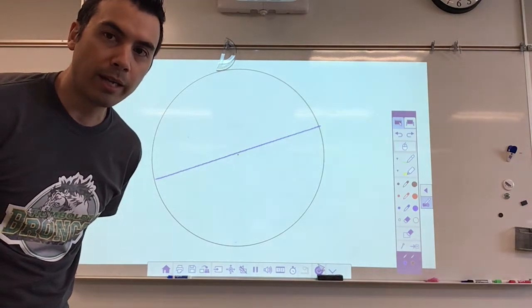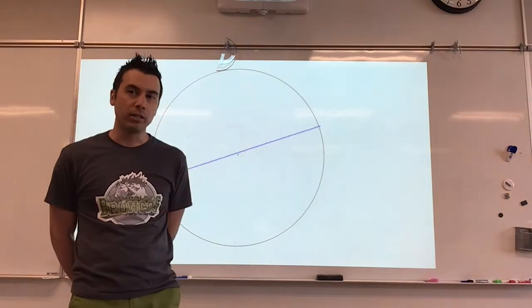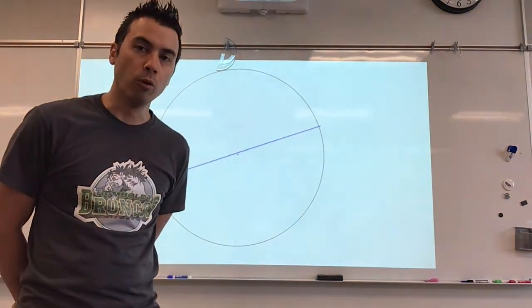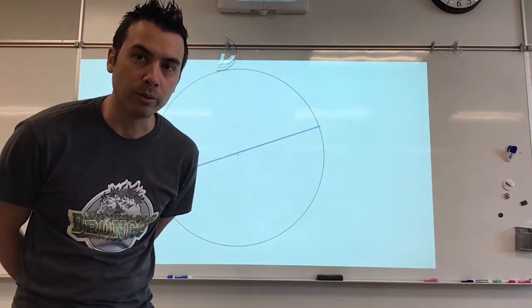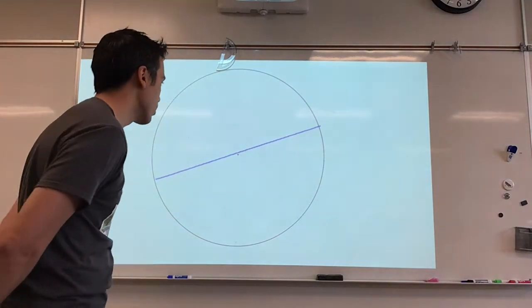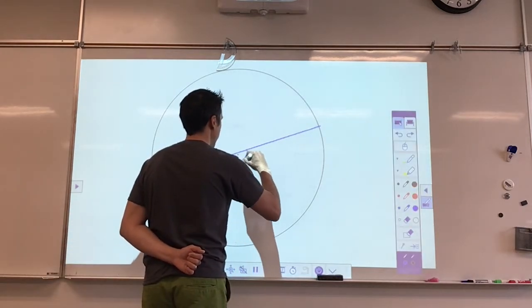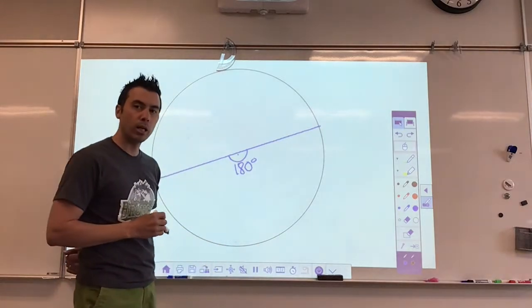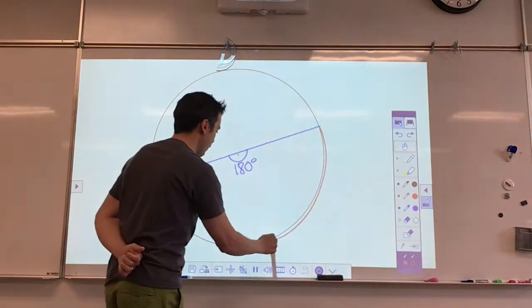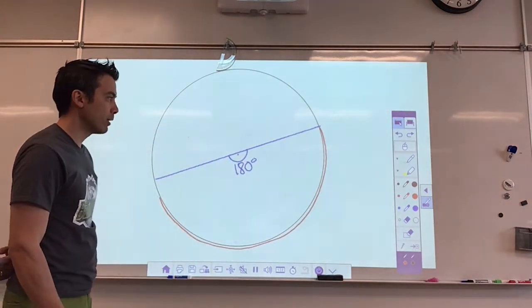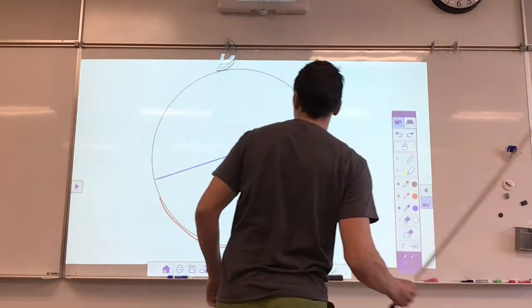So there's our diameter, and another key fact that you will need to know, that you hopefully learned in previous years, is that there are 180 degrees in a straight line. So when I look at this straight line, it has 180 degrees in it, believe it or not. It is also subtending half of the circle, that huge arc right there, and I'm going to do this.